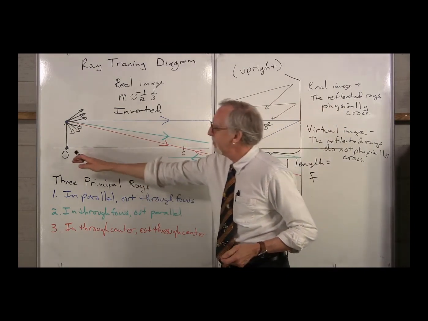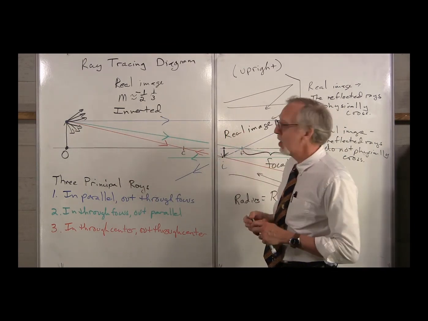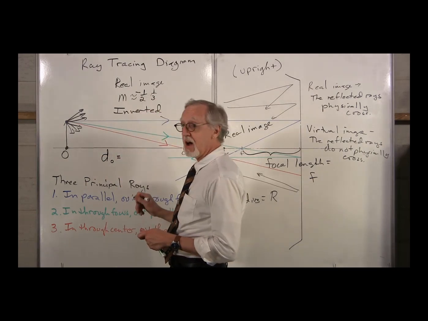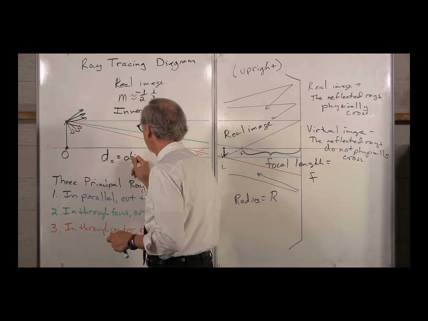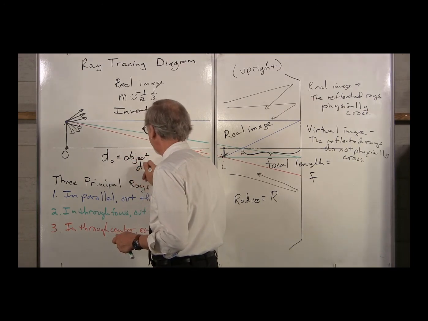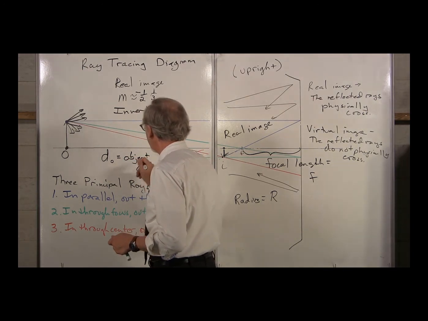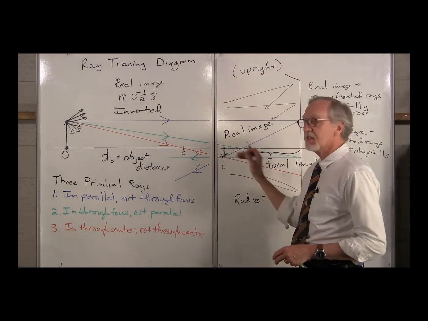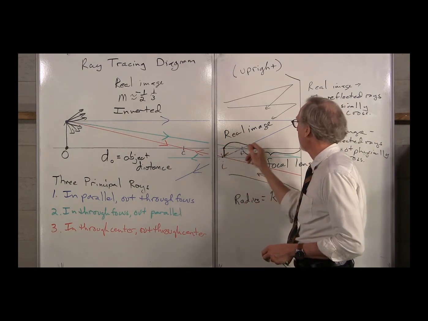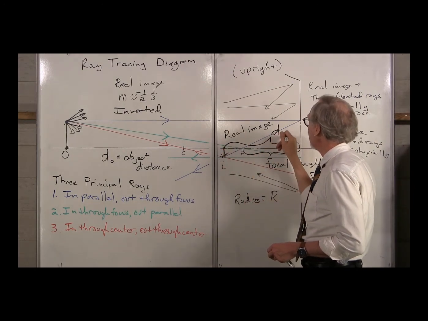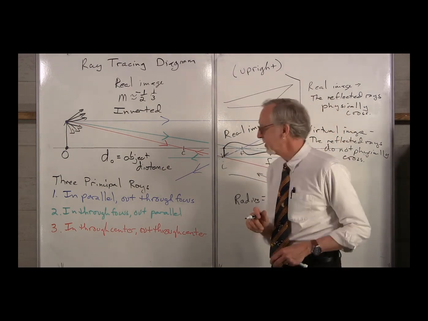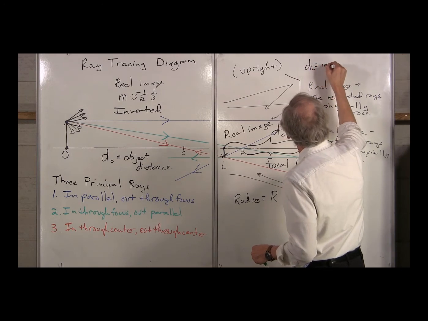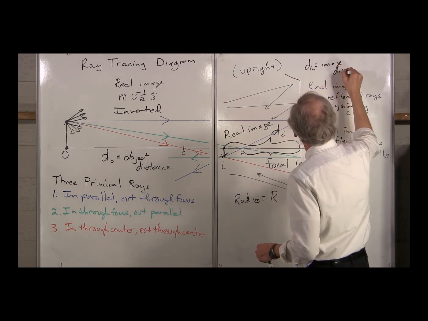The distance from the object to the mirror, we'll write this as d sub O. This is called the object distance. So d sub O is the distance from the object to the mirror. The distance from the image to the mirror, we'll call that d sub I, the image distance. So d sub I is the image distance.